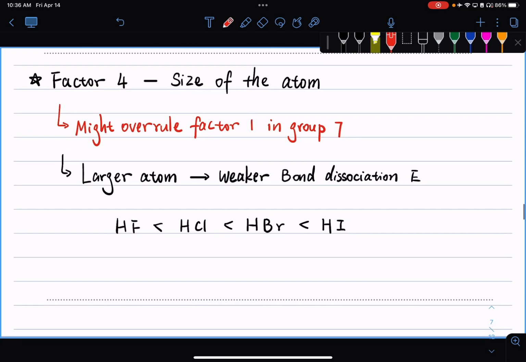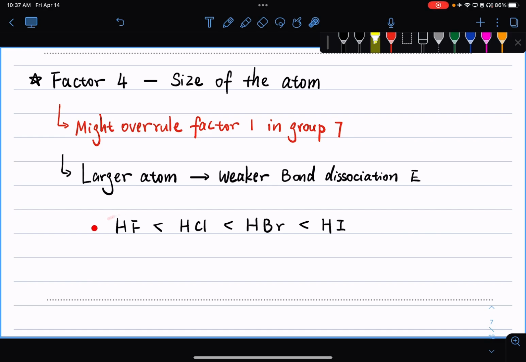And then factor number 4, size of the atom. This one is more or less a special case. People sometimes also call it polarizability of the atom. This is pretty much just talking about the trend in group 7. When we're going down the group from fluorine to chlorine to bromine to iodine, what we have is stronger acid.